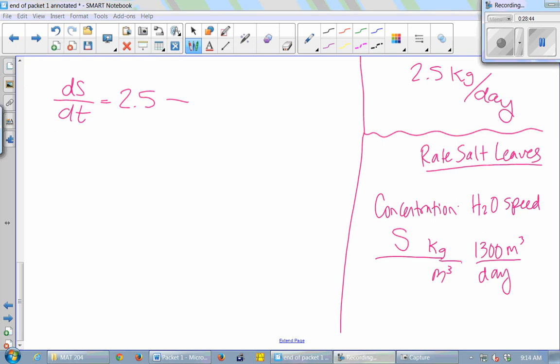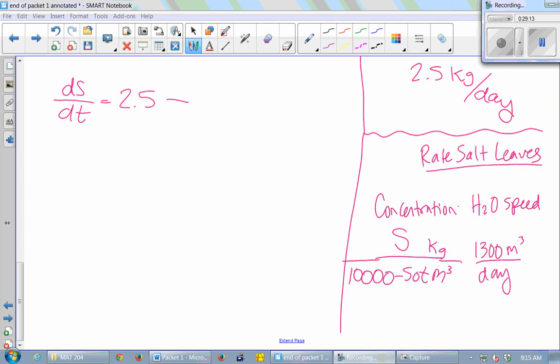All right, so the amount of salt in the pond is S, and how many cubic meters are in the pond? 10,000. But is the volume of the pond constant? No, it's 10,000 minus 50T, right? The pond volume is decreasing by 50 cubic meters each day.